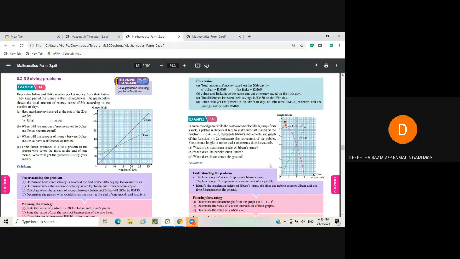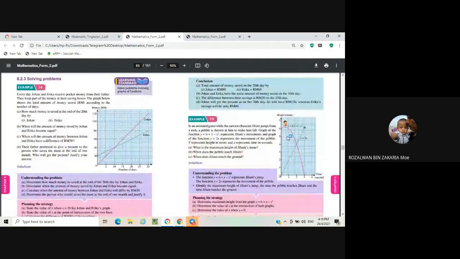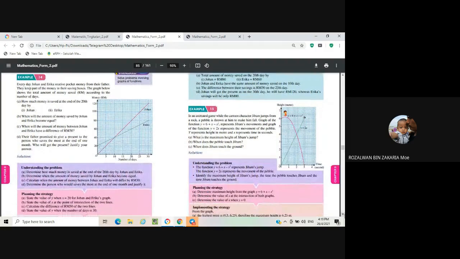6 point. Is it true? Like the answer in the textbook, 6.25? Class?